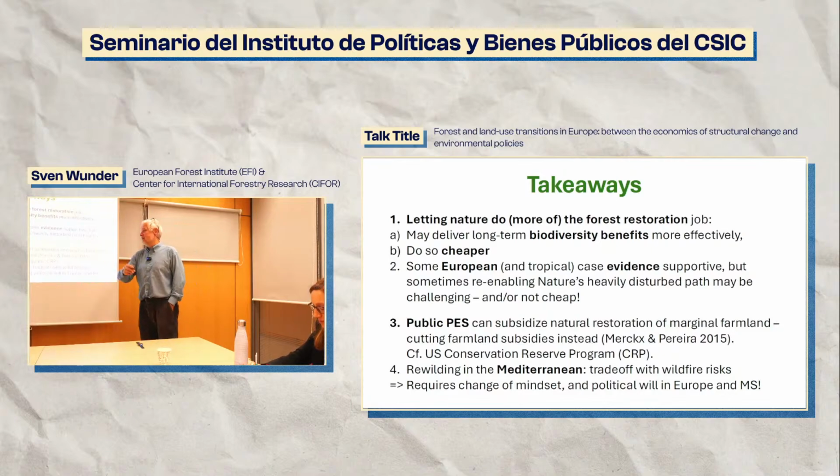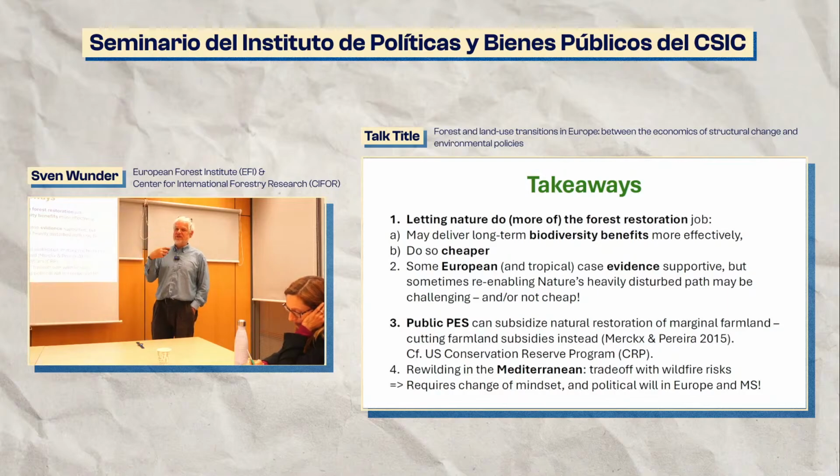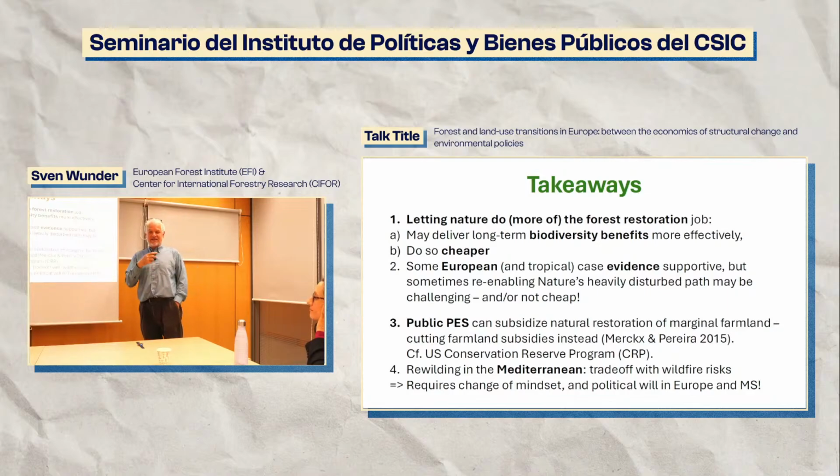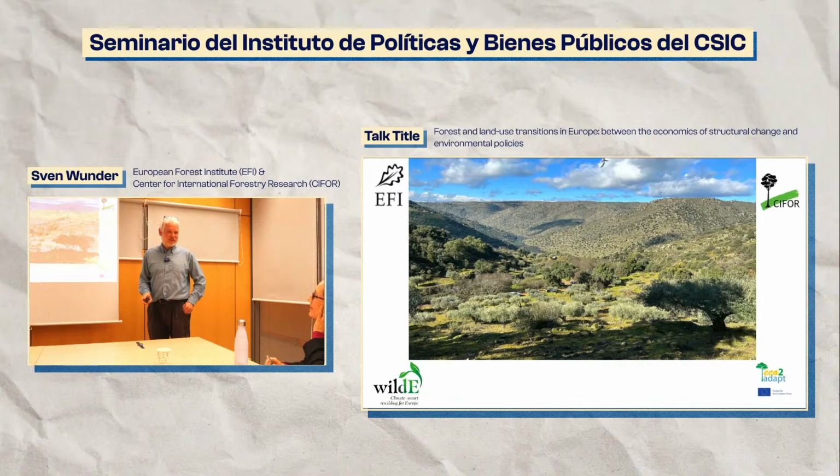In particular there are wildfire risks of abandoned farmlands growing back into forests, and we are looking at some of that also in Barcelona, which is one of the case studies of the projects, looking at some of these trade-offs. I will finish here. Thank you very much.